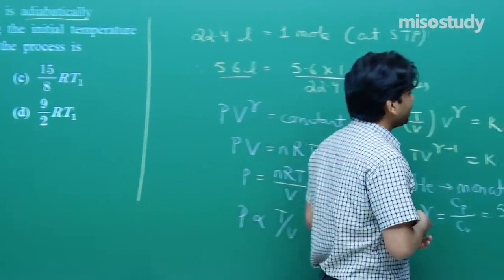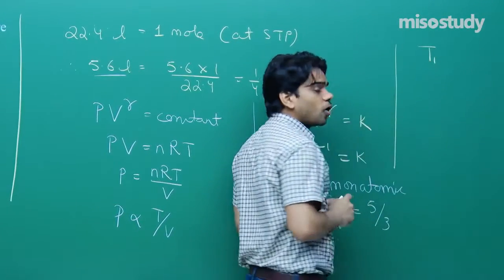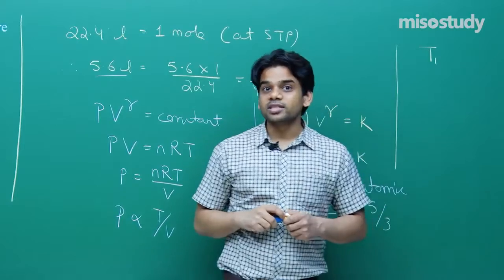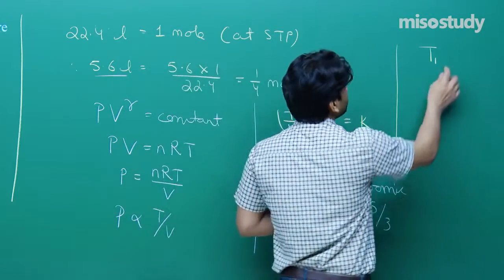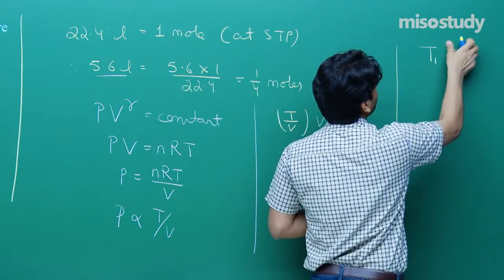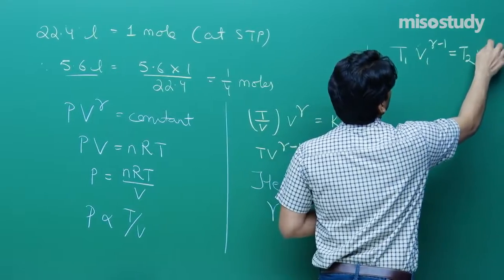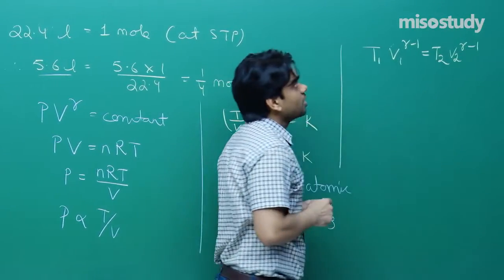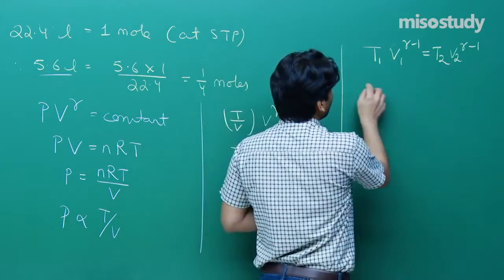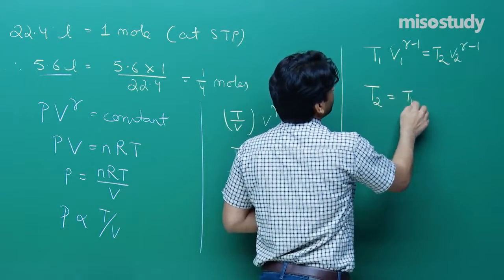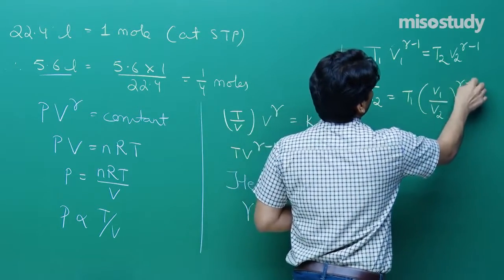So what do you do? T1 into V1 to the power gamma minus 1 is equal to T2 into V2 to the power gamma minus 1. This is the constant for the adiabatic relation. T2 is equal to T1 times V1 by V2 to the power gamma minus 1.